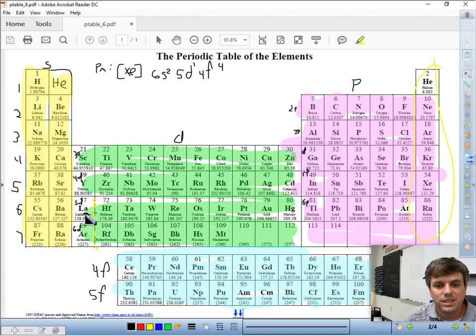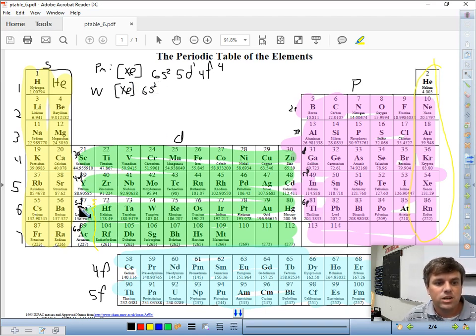If we want to do something that's after them, let's say we're doing tungsten, which is number 74. We go back to the end of the previous row. You put xenon, and then it's going to be 6s2.